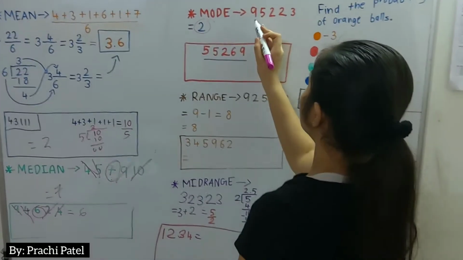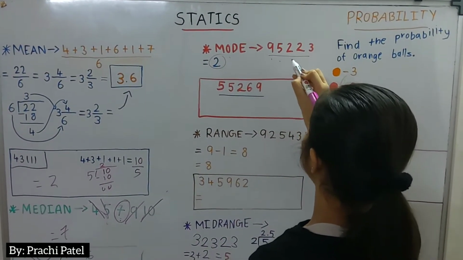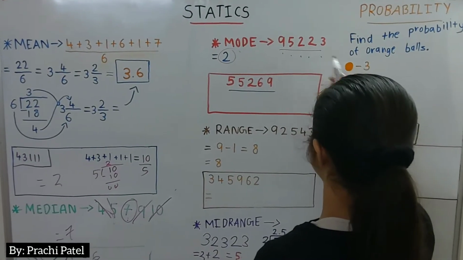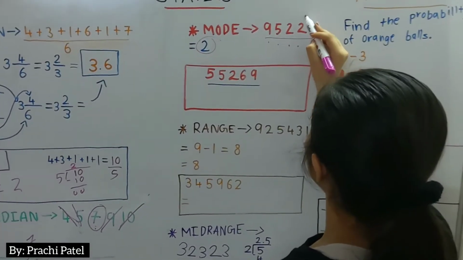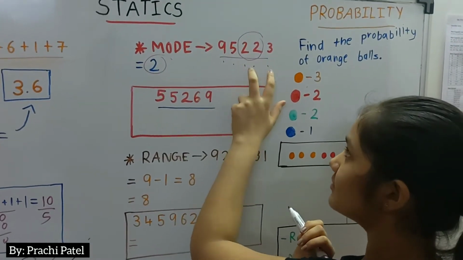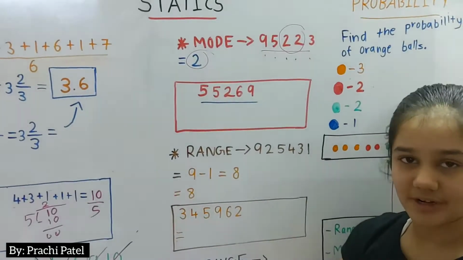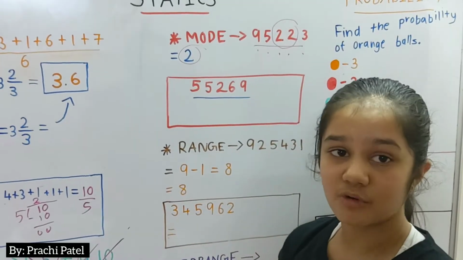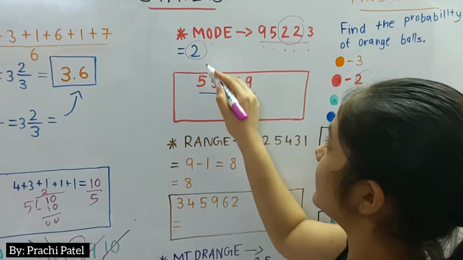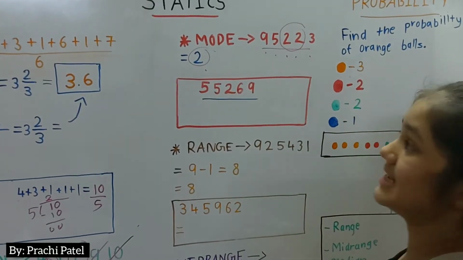This is 9, this is 5, this is 2, this is 2 and this is 3. So 2 comes 2 times in this number. How to find mode: when a number repeats more than 1 time, it is called the mode. So 2 is coming 2 times, so it is the mode in this number.